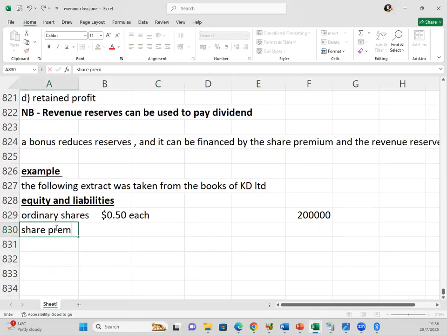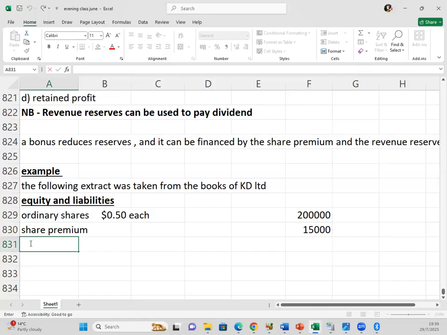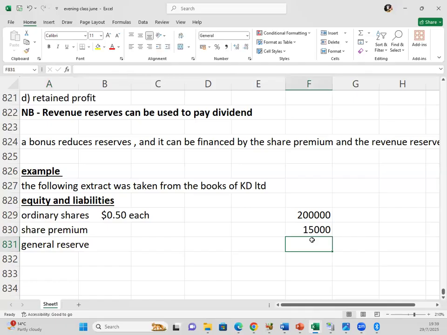Share premium 15,000. Then we have general reserve 46,000.